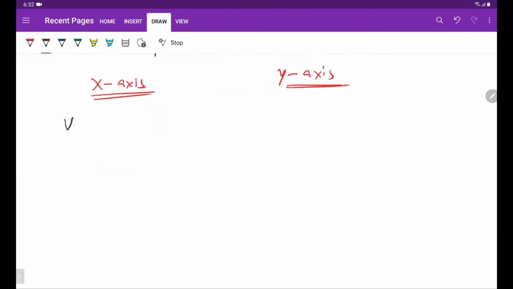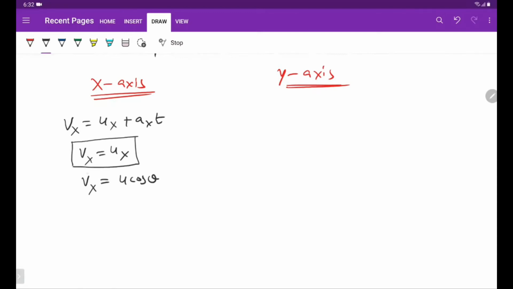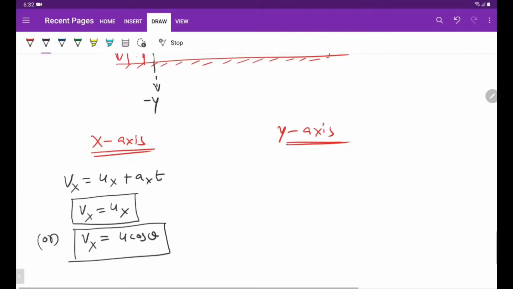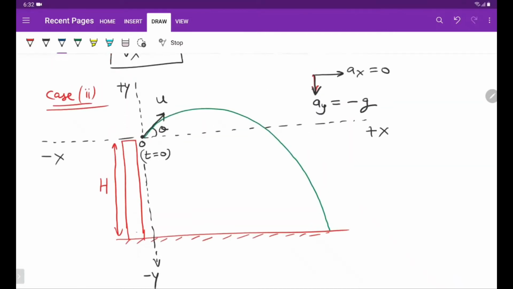So vx is equal to ux plus ax into t. Here ax is 0, so vx is ux, but here vx is u cos theta along x direction. So vx is ux or u cos theta, because it has x component u cos theta.